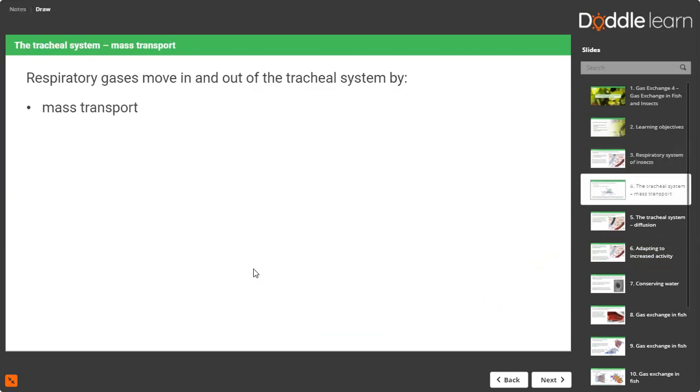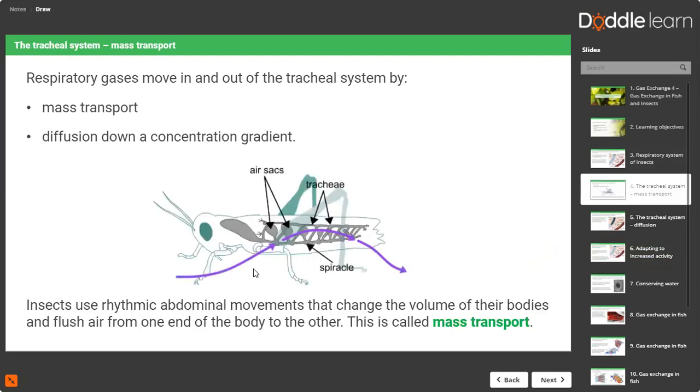Respiratory gases move in and out of the tracheal system by mass transport and diffusion down a concentration gradient. Here we've got a spiracle and we've got a grasshopper. Insects use a rhythmic abdominal movement, and that changes the volume of their bodies.